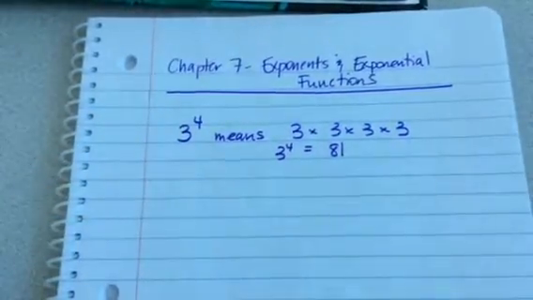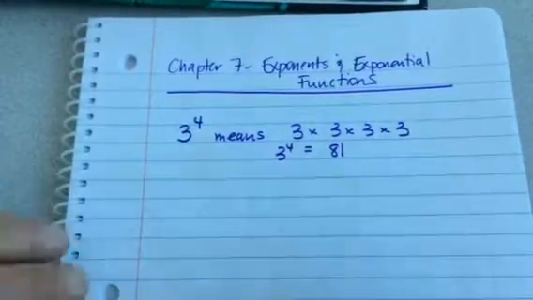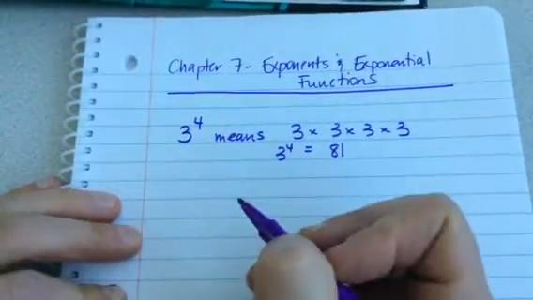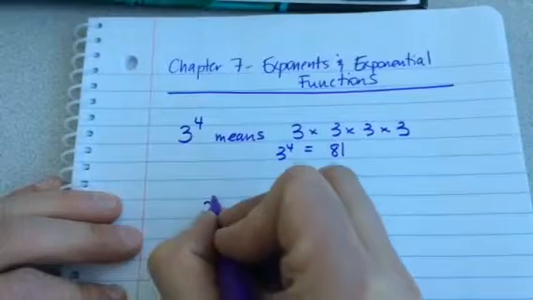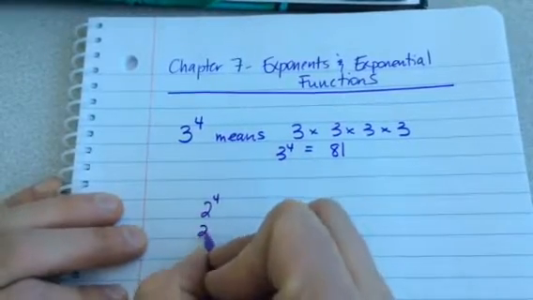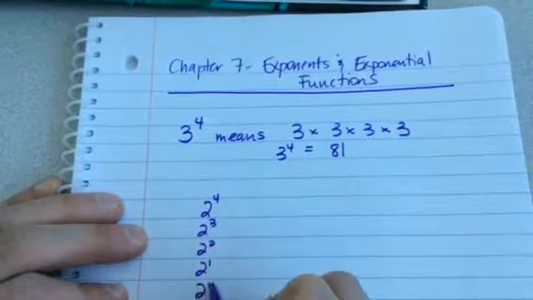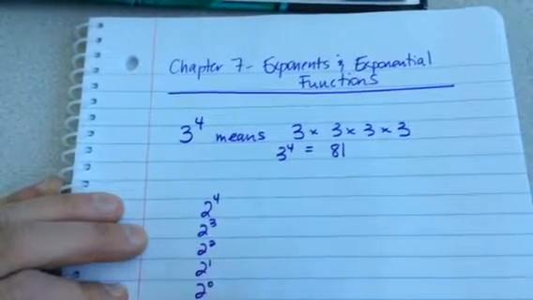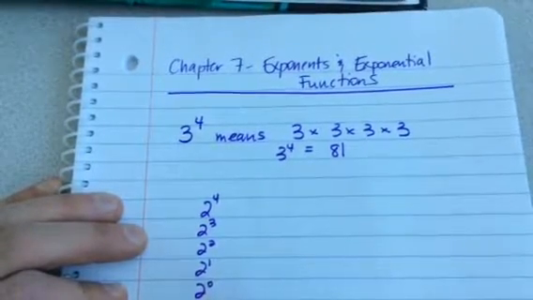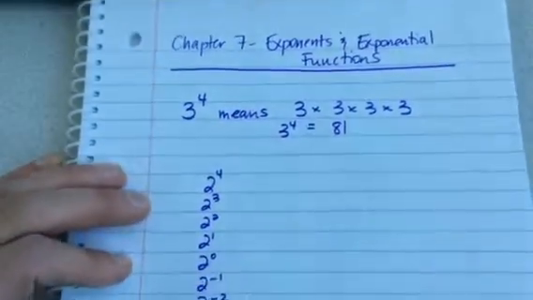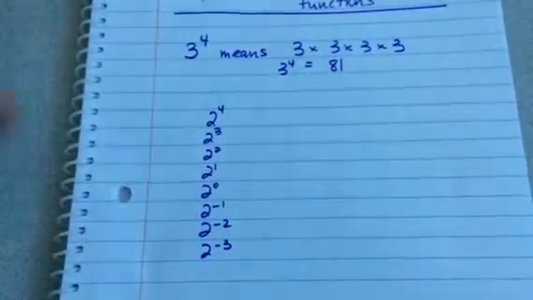Okay, so let's look at this pattern with powers of 2, say. Let's start with 2 to the power of 4, 2 to the power of 3, 2 to the power of 2, 2 to the first power, 2 to the 0th power, and then we're going to look at negative powers and really try to continue this pattern.